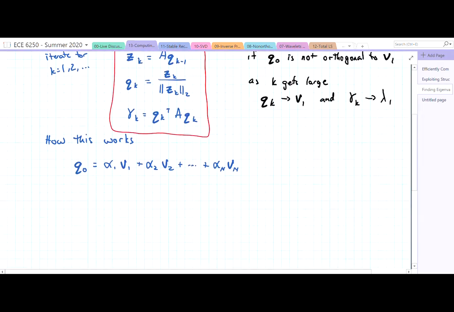Because of that, we have that QK is equal to A to the K of Q naught, all over that normalized.